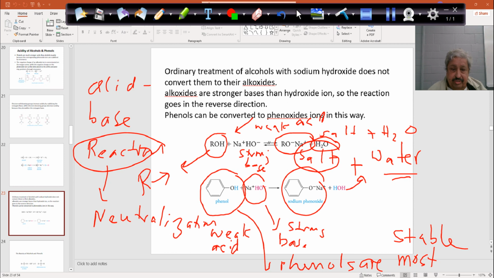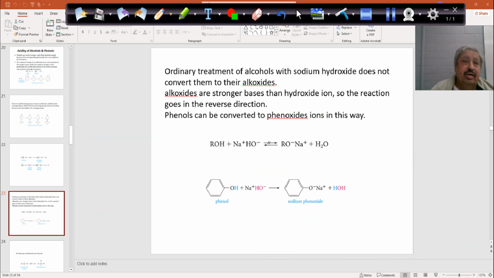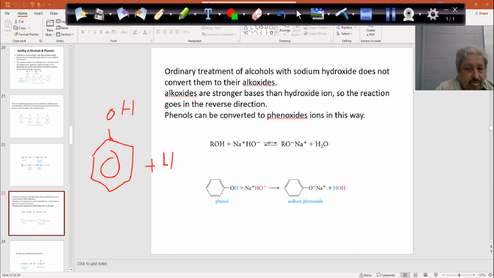Let me show you here. Any question you have? So let me take this one here. Show you something here. If I have a phenol and the phenol is dissociating in H2O, you will see that an acid is a compound that can donate its protons.